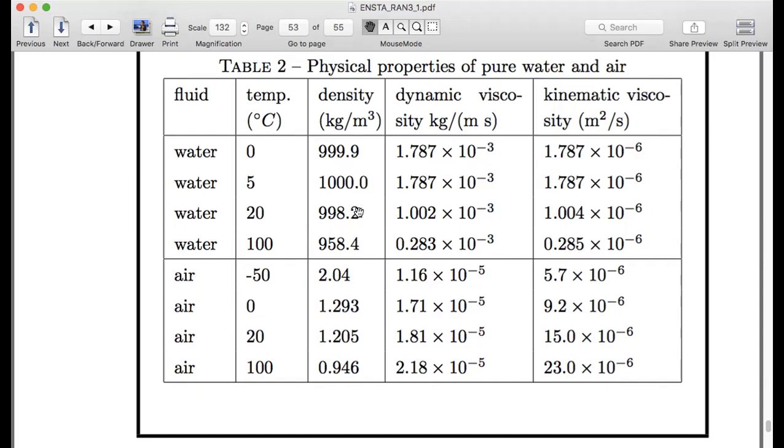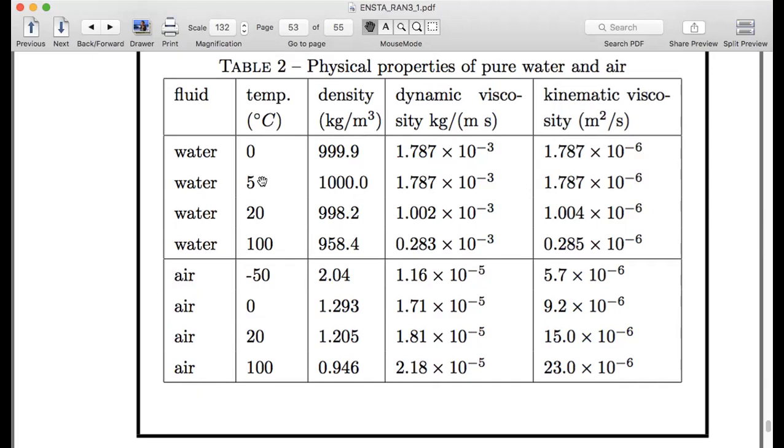The density of water, we have it here, increases as we reduce the temperature, or the density decreases as we increase the temperature, right?